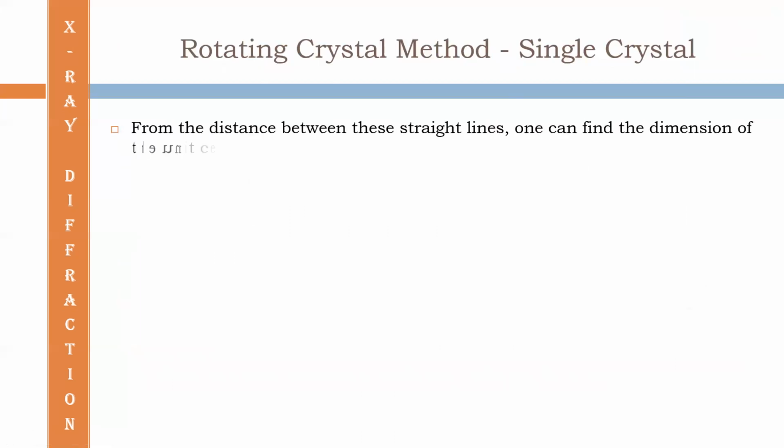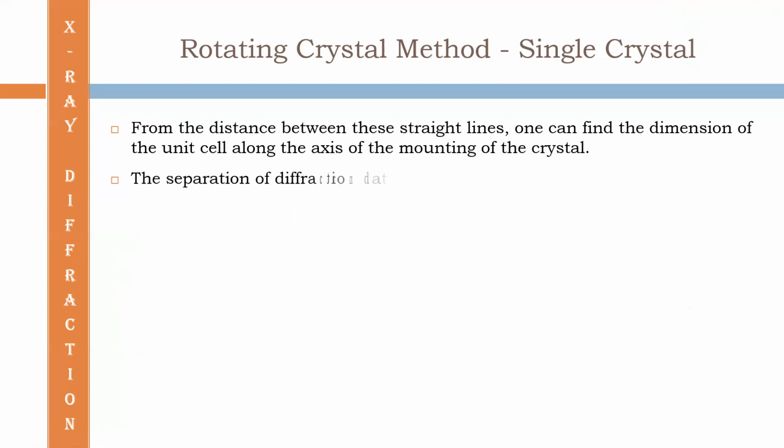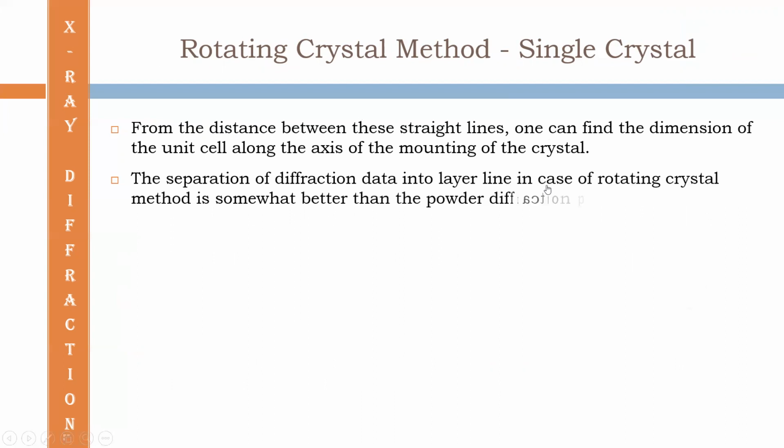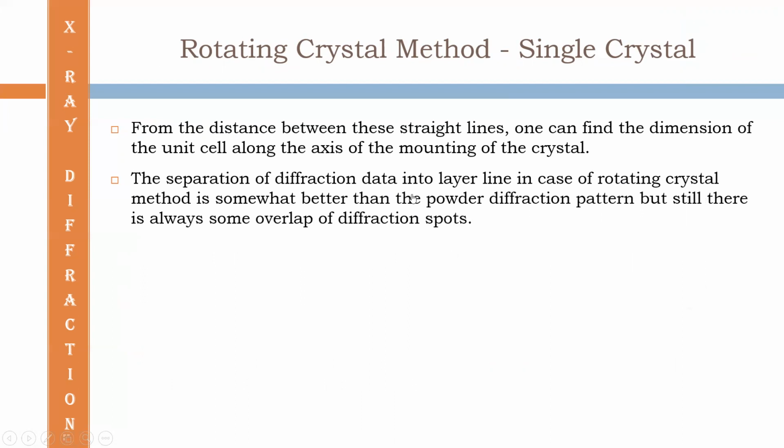From the distance between these straight lines, one can find the dimension of the unit cell along the axis of the mounting of the crystal. The separation of diffraction data into layer lines in the rotating crystal method is somewhat better than the powder diffraction pattern, but still there is always some overlap of diffraction spots.